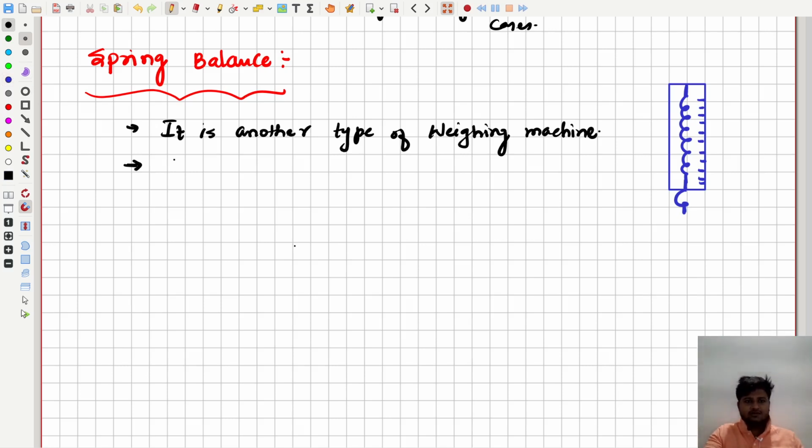So let us understand one point. It measures, so spring balance, it measures the spring force present in the spring.